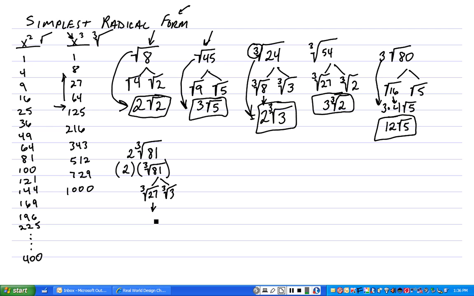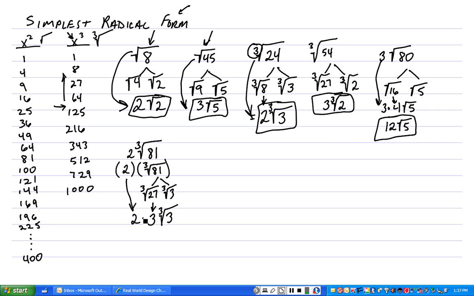We know the cube root of 27 to be 3. 3 is not a perfect cube, so it stays under the radical. And now this that you see here, 3 cube root of 3, is just for the cube root of 81 part, but you still have this 2 out here, so this 2 gets multiplied by that.